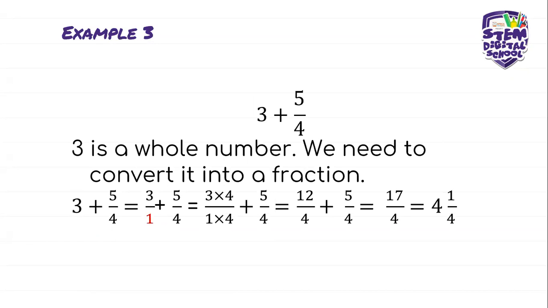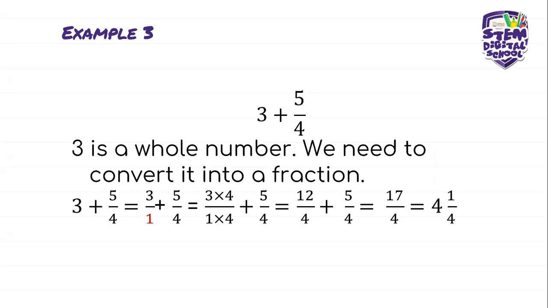And remember that whatever you do to the denominator should also be done to the numerator. So now that we have multiplied 1 by 4, we also multiplied 3 by 4. If you multiply 3 by 4, you get 12, and 1 times 4 is 4.